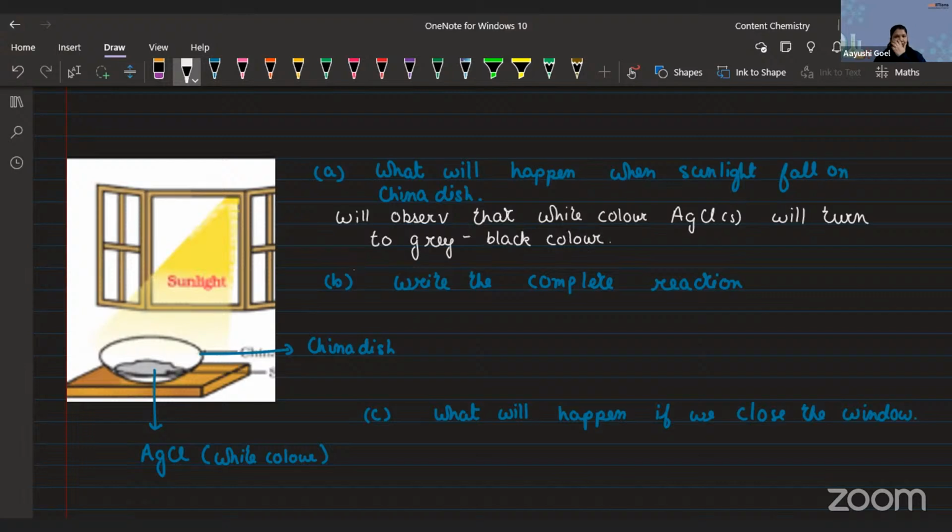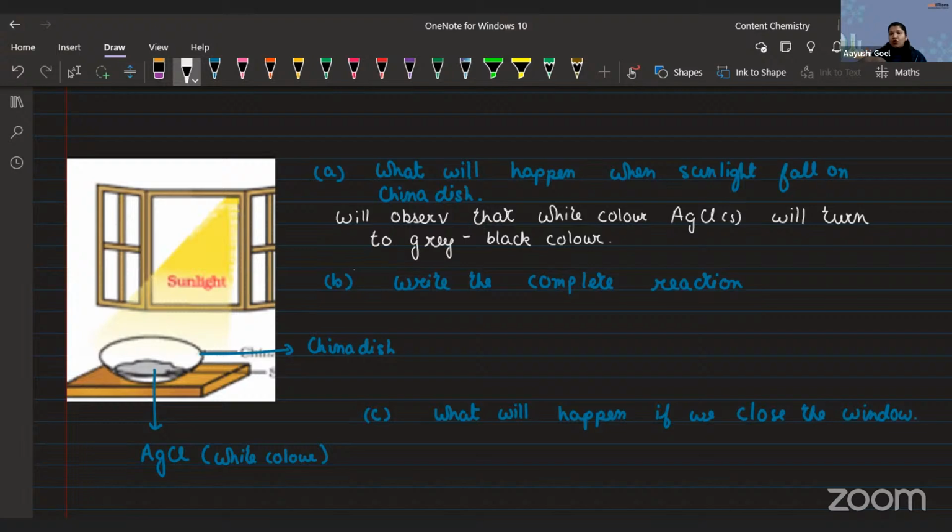This is our observation. Don't say that it is because... Absolutely correct, Bhavya. Some students might get very confused that if you stand in the sun, you will tan. No, there is no tanning here. It is a decomposition reaction which is occurring and which is also called photolytic decomposition reaction. They were not asking you photolytic decomposition.